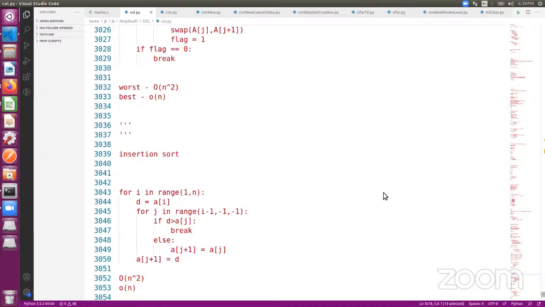Sir, can you give a few examples of where to use a flag? It depends on the problem, right? See, flags are actually used just to check the flow. Suppose you want to check whether a particular set of statements is running or not.